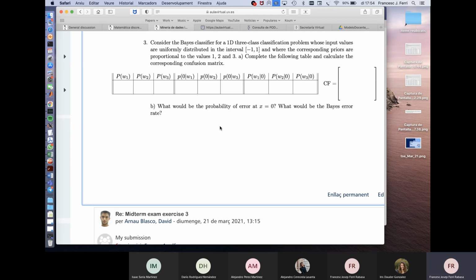First of all, what's the size of the confusion matrix? 3 by 3. I'm afraid that in the whole exam, nobody answered a matrix of 3 by 3 size.